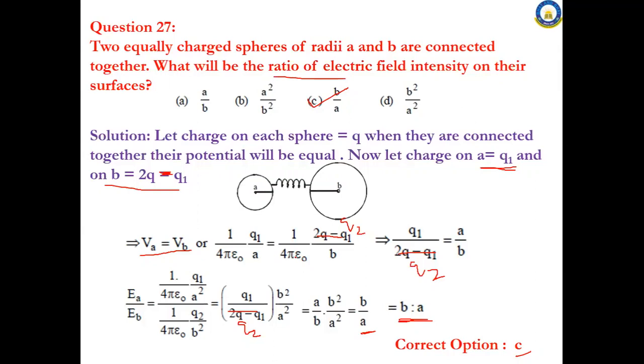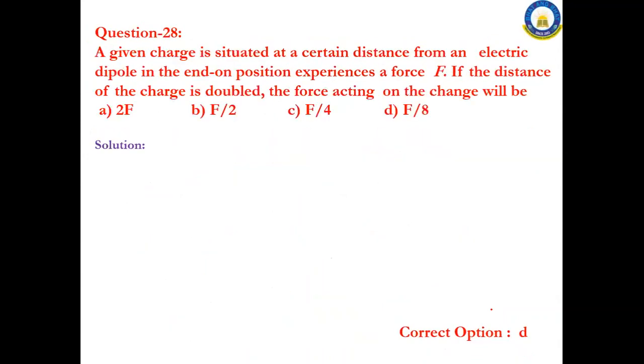So you equate it, get the ratio of charges, and substitute that in the ratio of the fields. Then you will get the relation between the radii of the two charged spheres A and B, that is B by A. Hope you have understood this. I'll continue to the next question. Question number 28.